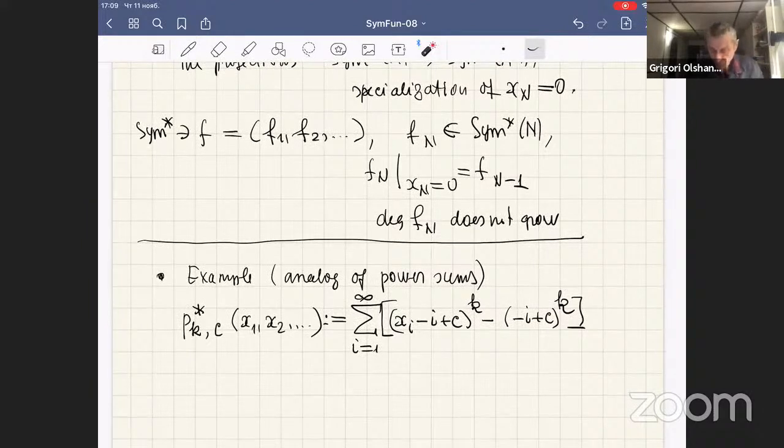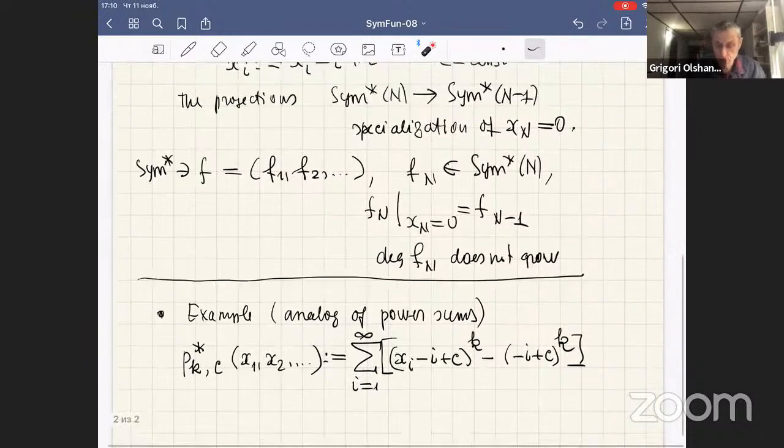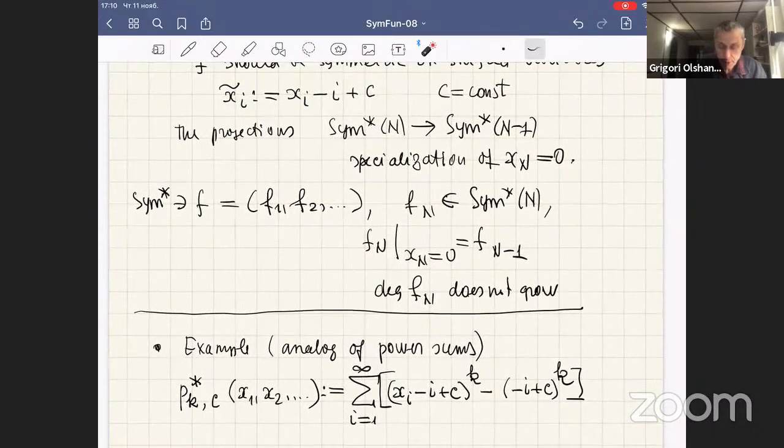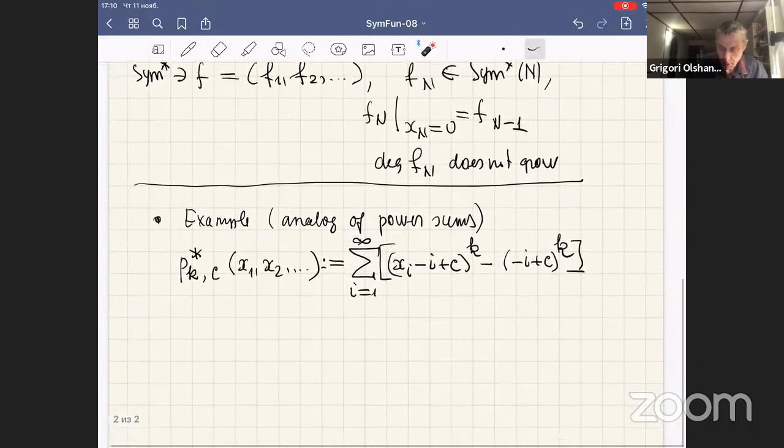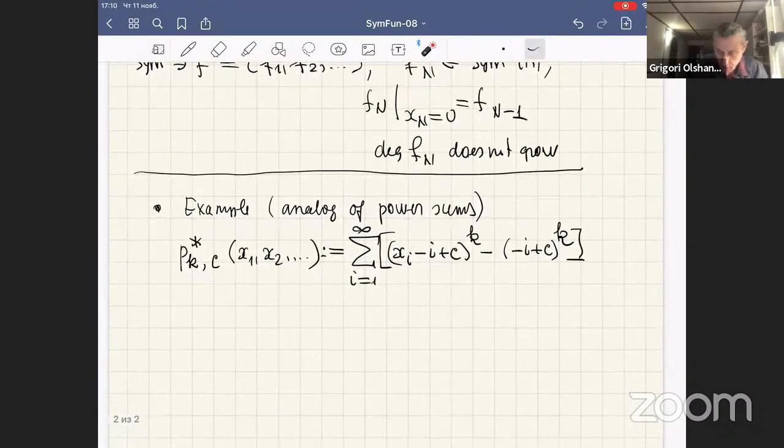First of all, we remark that this expression is formally shifted symmetric because it becomes symmetric in the shifted variables, but it satisfies our compatibility condition, meaning that if some xi equals 0, then the corresponding summand here vanishes.